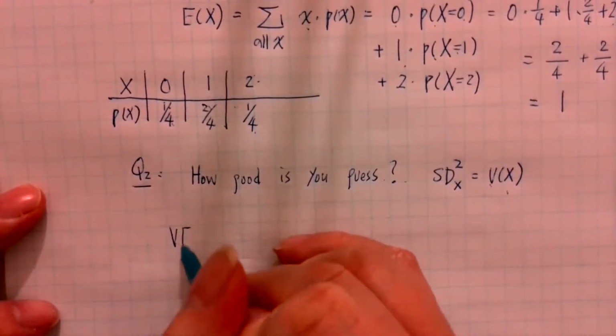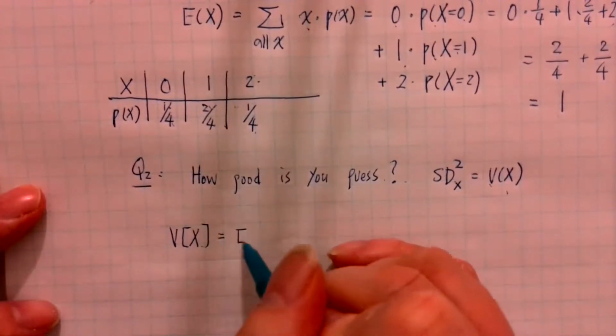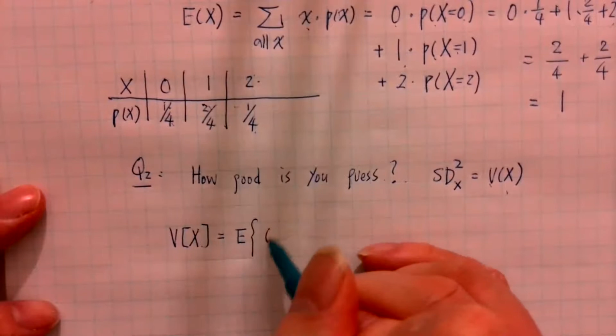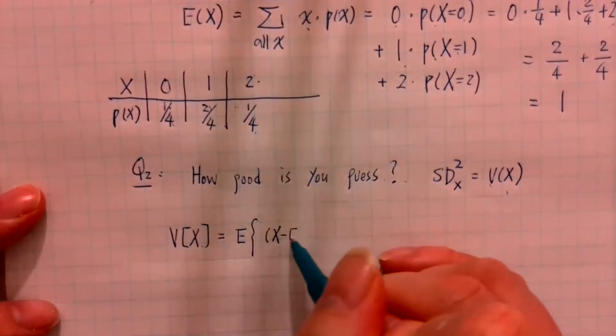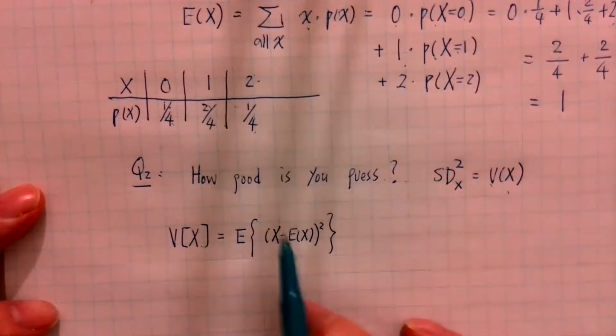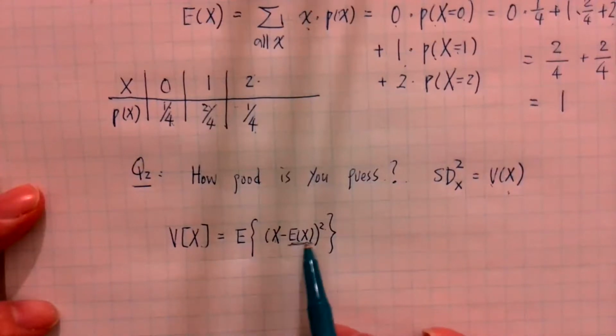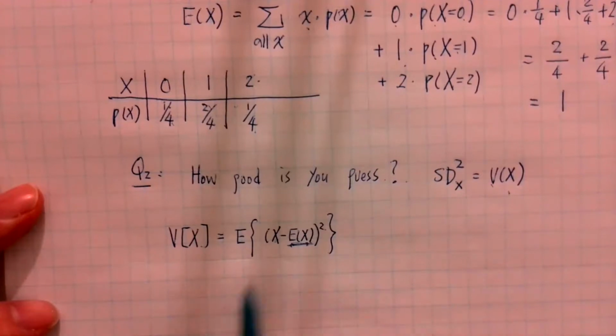Variance of x is defined to be the expected value of (x minus E(X)) squared. Expected squared distance to the center of the x distribution, measured by the mean of x, that is called the variance of x.